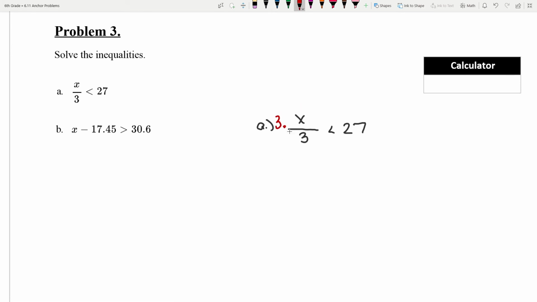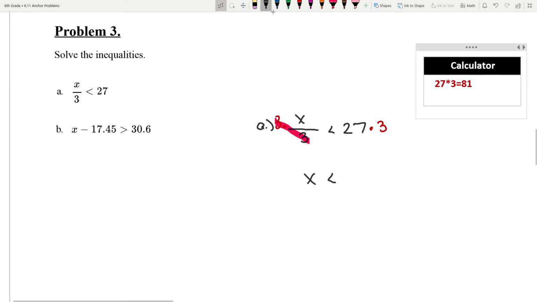So if I multiply by 3 here on both sides, what ends up happening is this 3 divided by 3 is just 1. And so we're left with x is less than whatever 27 times 3 is. So if I take 27 times 3, that's going to equal 81. So x is less than 81 is our answer.